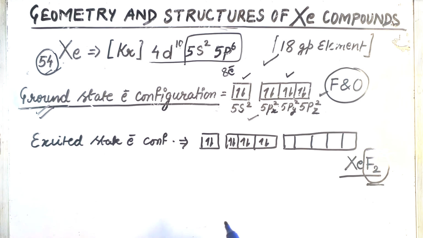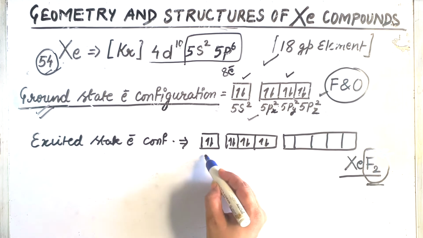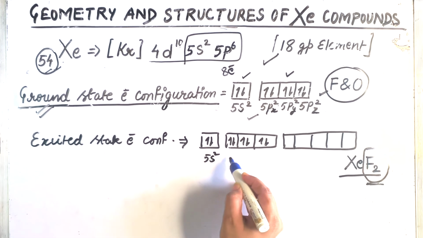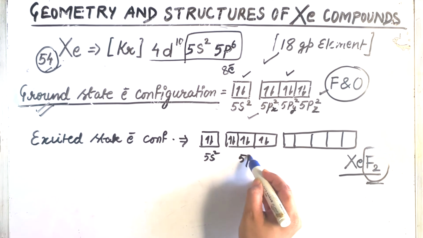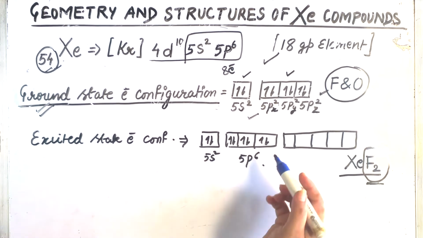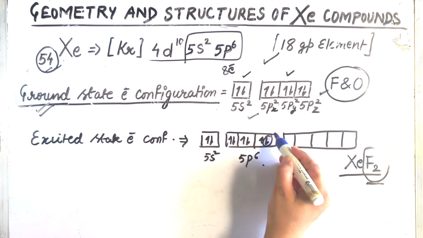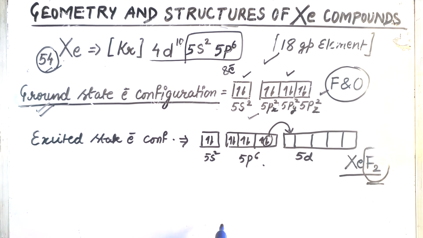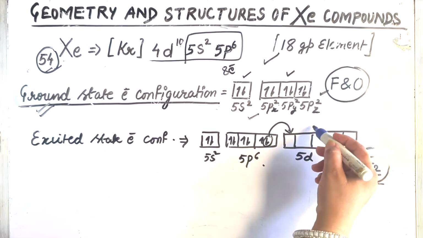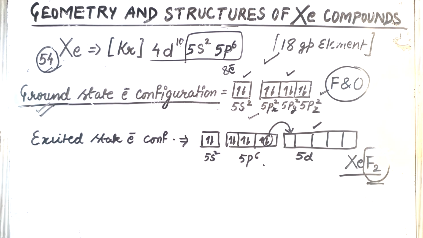So what will happen here: xenon has 2 electrons in 5s and 6 electrons in 5p. Now 1 electron from the p orbital will jump to the 5d orbital of xenon. Now the question arises, I have not drawn these 5d orbitals in the ground state.